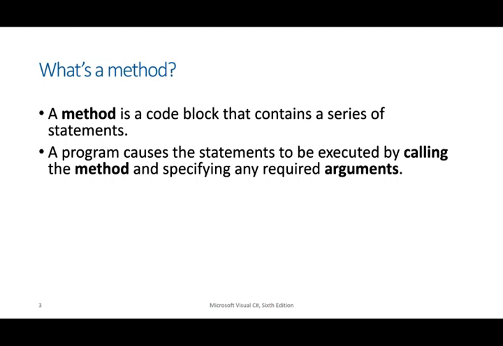You provide it the string and whatever formatting characteristics you want to apply to the string, and it goes off and prints whatever you've sent it to the console. So you call the method or invoke WriteLine, and you give it the argument, which is the string.